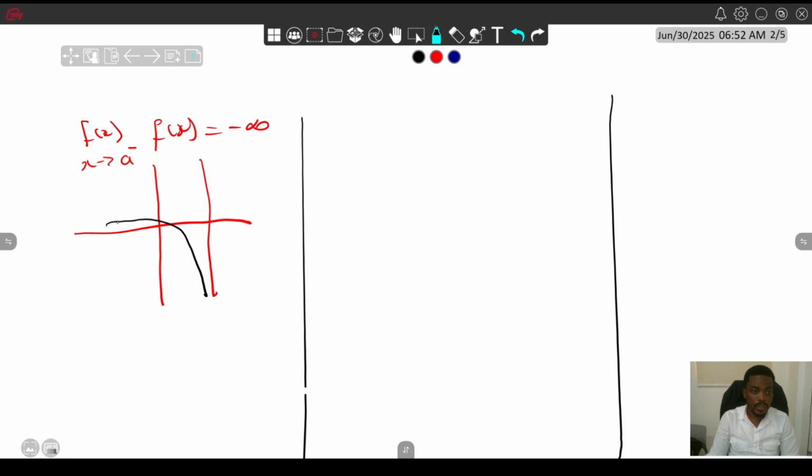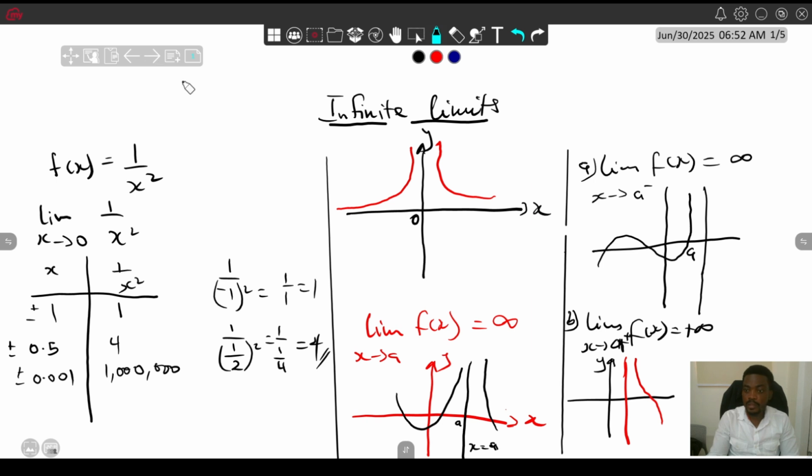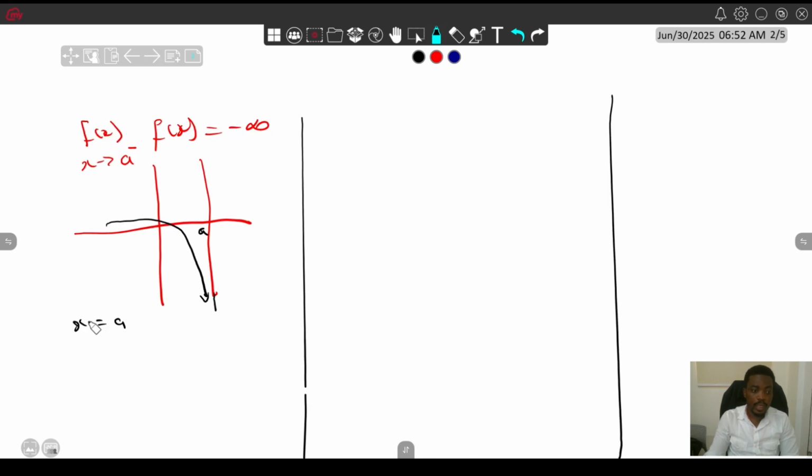It's approaching negative infinity. For all these instances, we say that the line x equals a is a vertical asymptote.